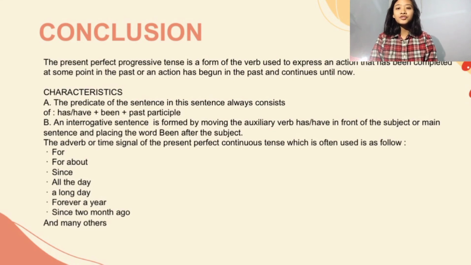The second, an interrogative sentence, is formed by moving the auxiliary verb has or have in front of the subject and placing the word been after the subject. The adverb or time signal of the present perfect continuous tense, which is often used, is as follows: for, about, since, all the day, a long day, for years, since two months ago, and many more.